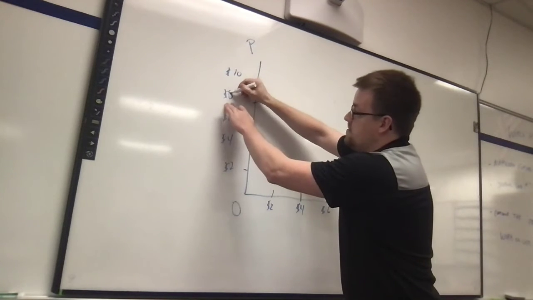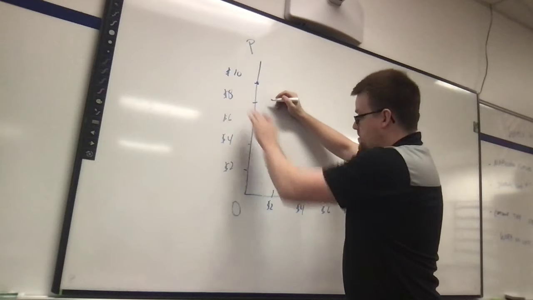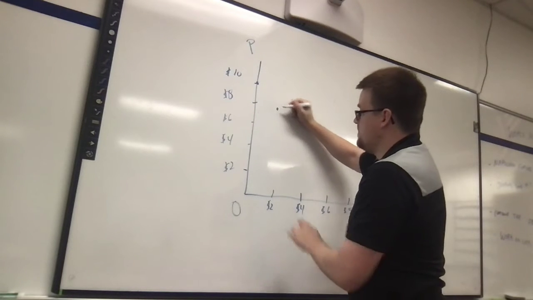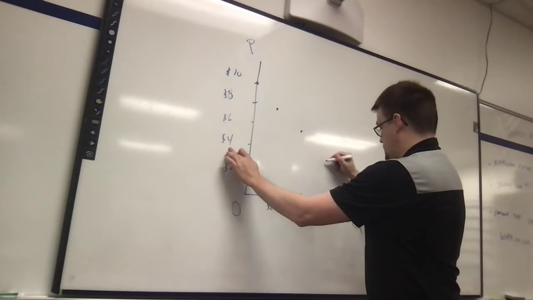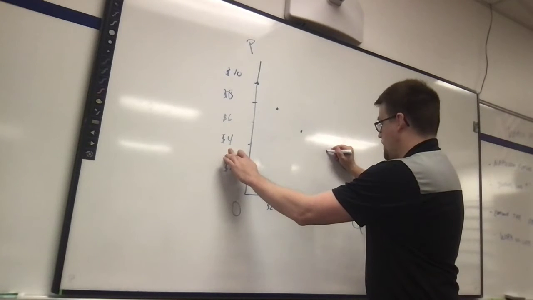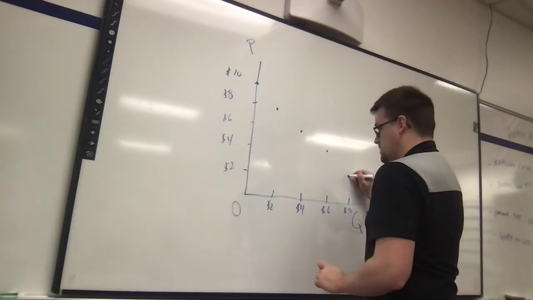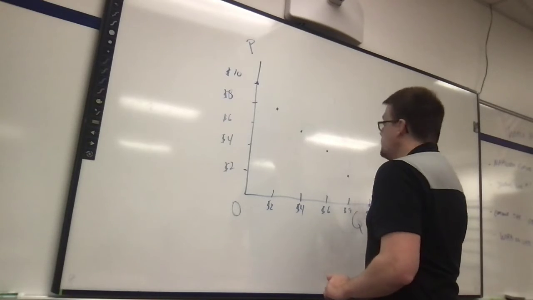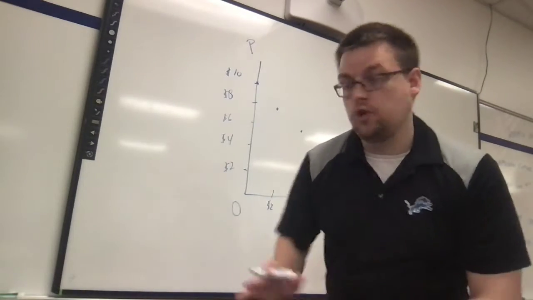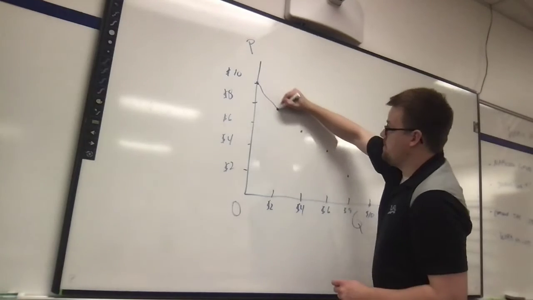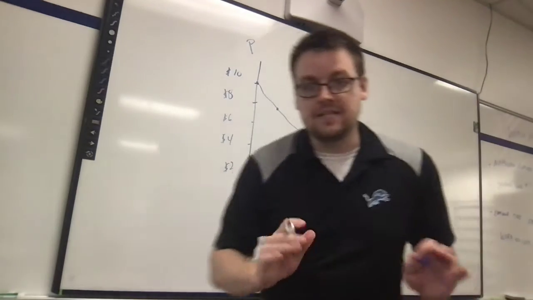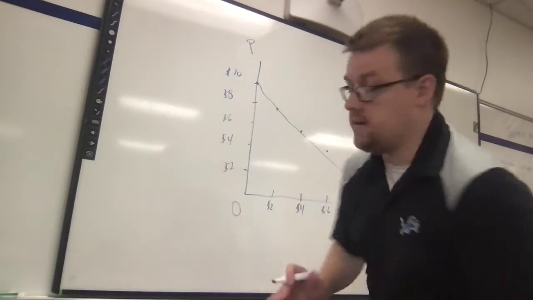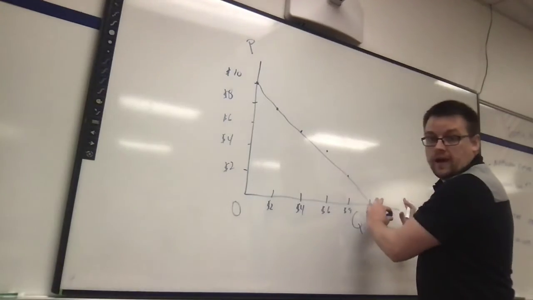Now it goes down to $8, we got 2 demanded. Down to 6, there's 4. Now we're moving our way down. So what do we have? We have a downward sloping line. It is a downward sloping line from left to right. So left, down to right.